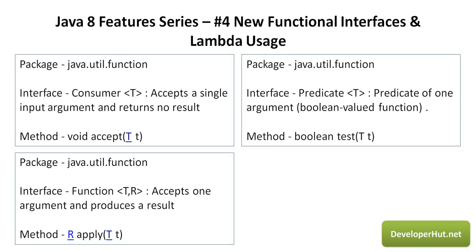It takes one argument and returns a boolean value according to your business logic. This predicate interface is mostly used where you want to perform a certain operation on your object and check certain conditions. So let's see one particular use case of the predicate interface.